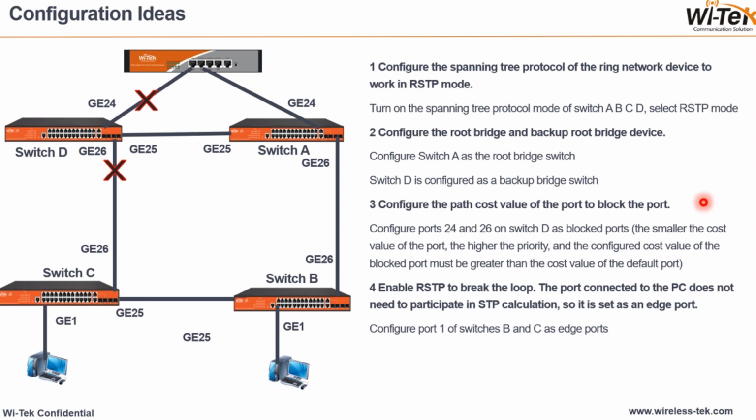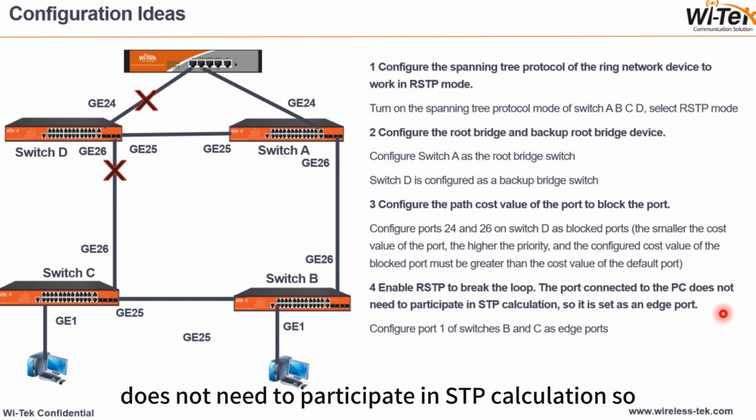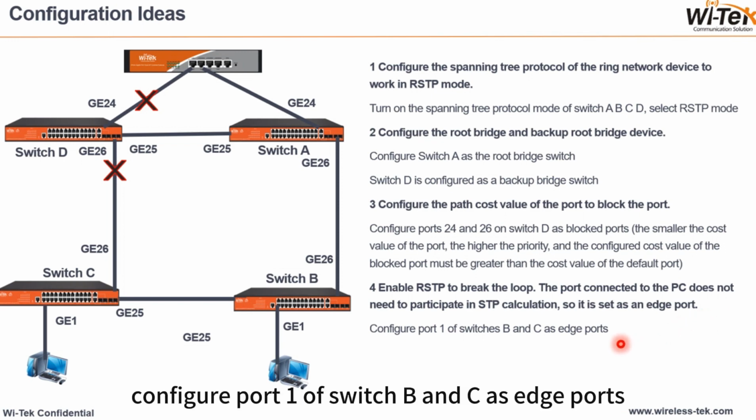Configure ports 24 and 26 on switch D as blocked ports. Blocking ports enables RSTP to break the loop. The port connected to the PC does not need to participate in STP calculation, so it is set as an H port. Configure port 1 of switch B and C as H ports.